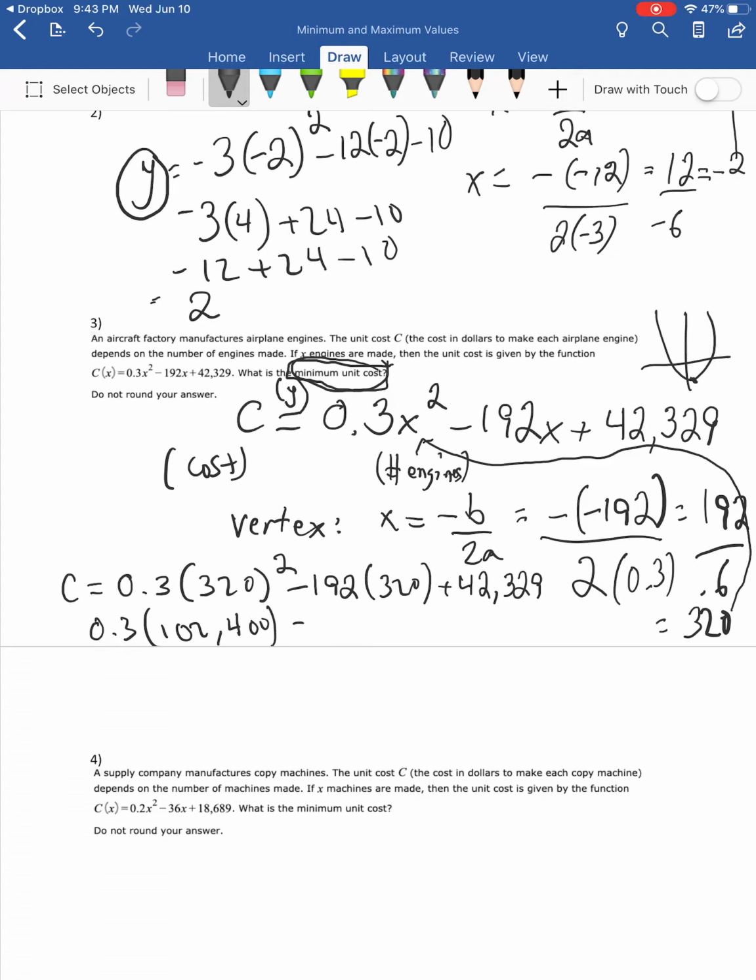Minus, what's 192 times 320? 320 times 192, 61,440. Plus 42,329.